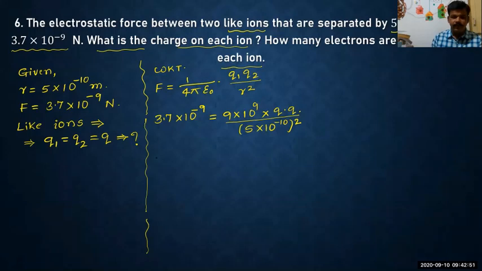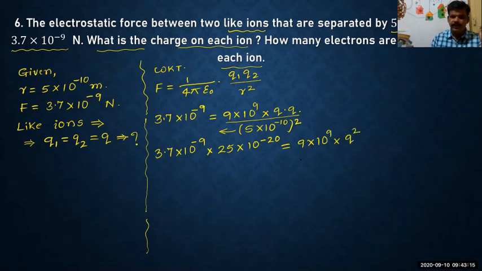Now you take 3.7 into 10 raised to minus 9 as it is, right? Into, if you shift this 5 along with the square, then it becomes 5 square is 25, 10 raised to minus 10 becomes minus 20, and that is equal to 9 into 10 raised to 9 into Q square.